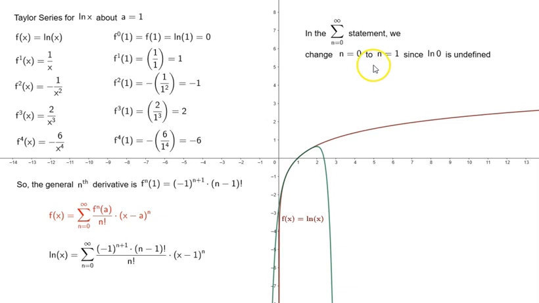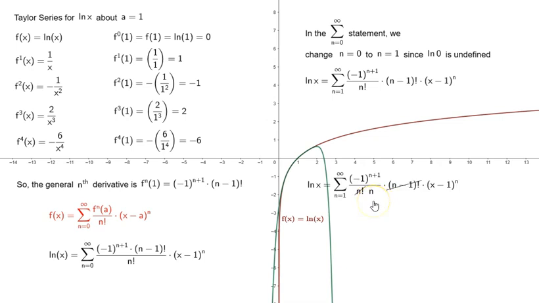We change n equal to 0 to n equal to 1, since natural log of 0 is undefined. So the statement becomes natural log of x is equal to summation from n equal to 1 to infinity of minus 1 to the power of n plus 1 times n minus 1 factorial by n factorial times x minus 1 to the power of n.